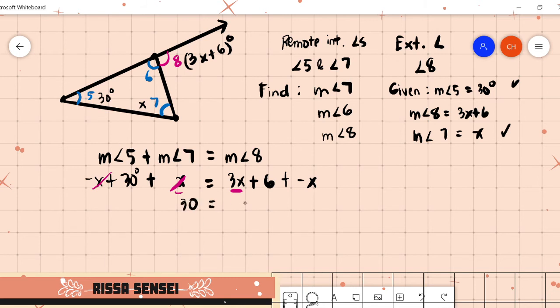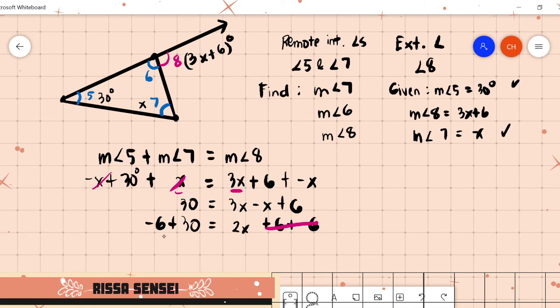It will become 30 equal to 3x minus x is 2x plus 6. Ngayon, we want to get rid of 6 on the right side. Kasi, hindi naman na natin pwedeng ma-add yung 2x and 6. So, we can add negative 6 on both sides to cancel 6 on the right side.